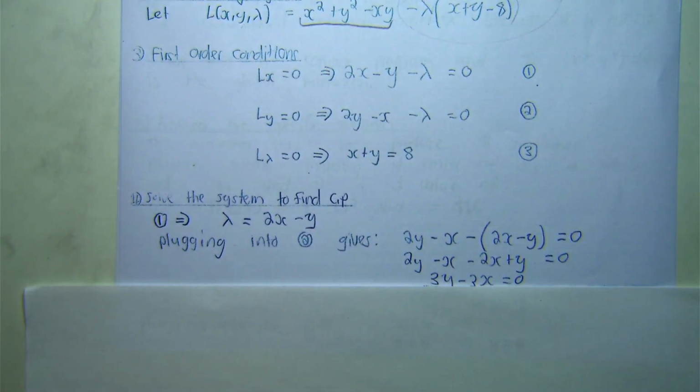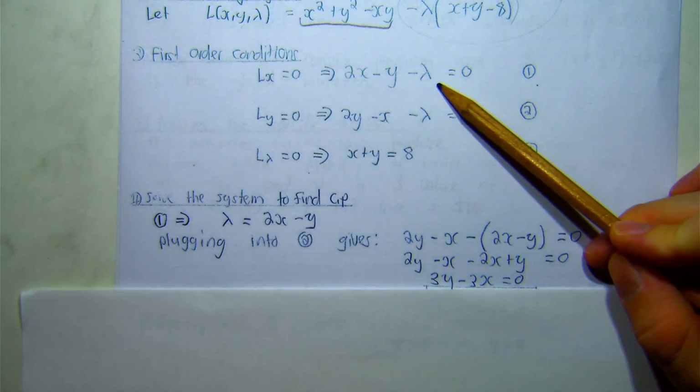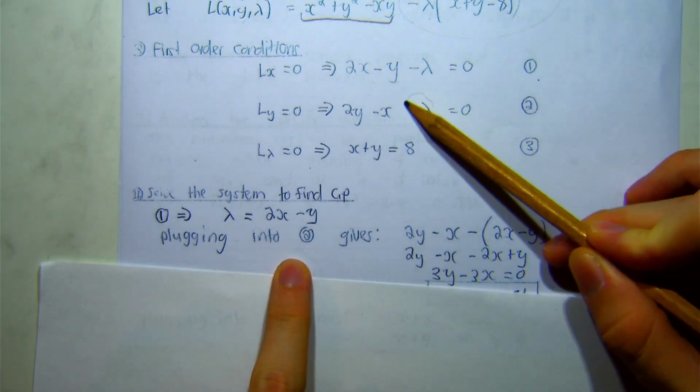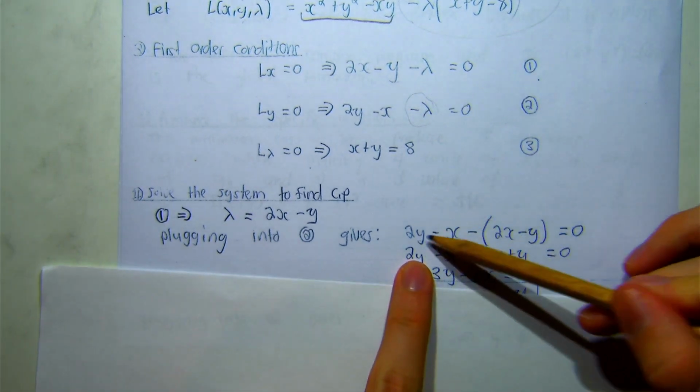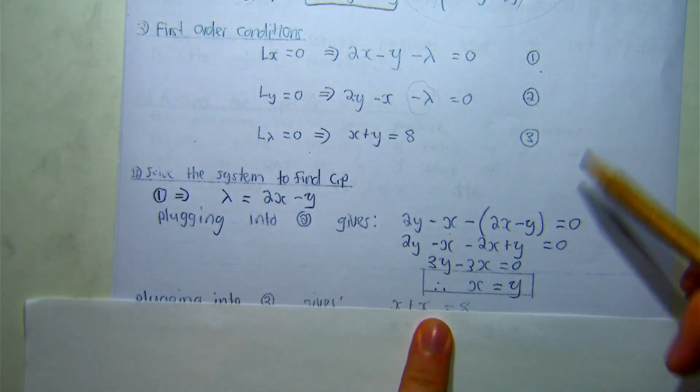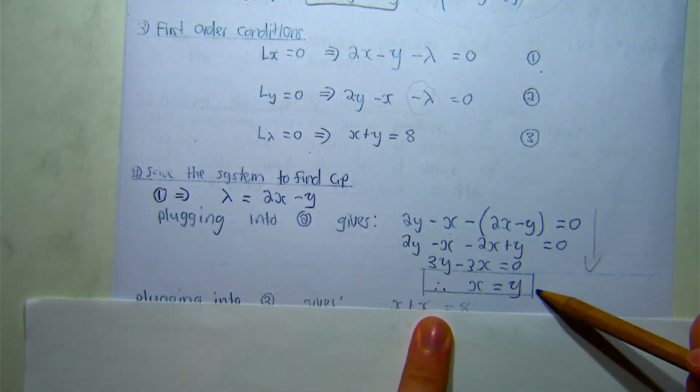Step 4, solve the system of equations. Equation 1 implies that lambda is equal to 2x minus y. Plugging that into equation 2, we get 2y minus x equals 2x minus y. Rearranging that, we get x is equal to y.